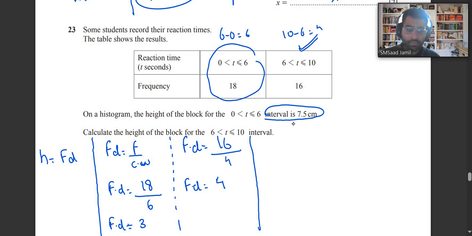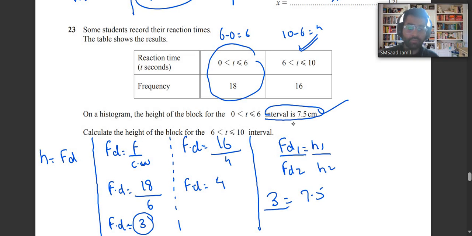Now for this one, the height is given. So frequency density 1 upon height 1 is equal to frequency density 2 upon height 2. Frequency density 1 is 3 and the height is 7.5. Frequency density 2 is 4 and the height is unknown x.